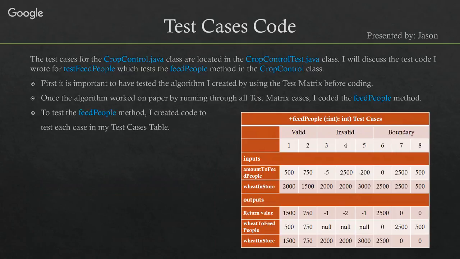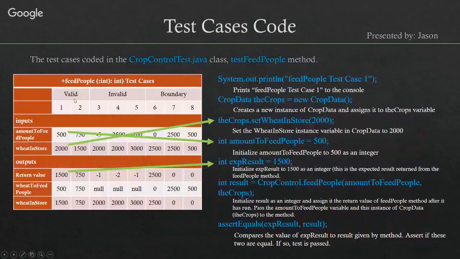Once the algorithm worked on paper by running through all the test matrix cases, I coded the feed people method, which took my pseudocode and turned it into actual code. Then to test the feed people method, I created the code to test each case in my test cases table. So here is an example of the code for the first test case.